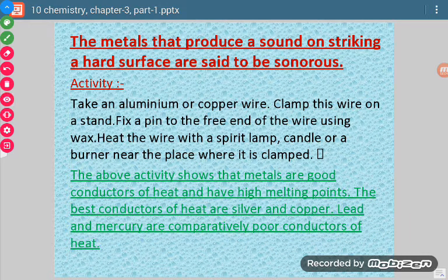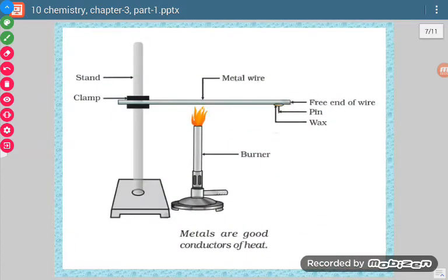Okay, now let us come to this diagram. This is a diagram where we can see the conduction of heat by a particular metal. Now see, here we have fixed the pin with the help of wax, and we have started heating this end.